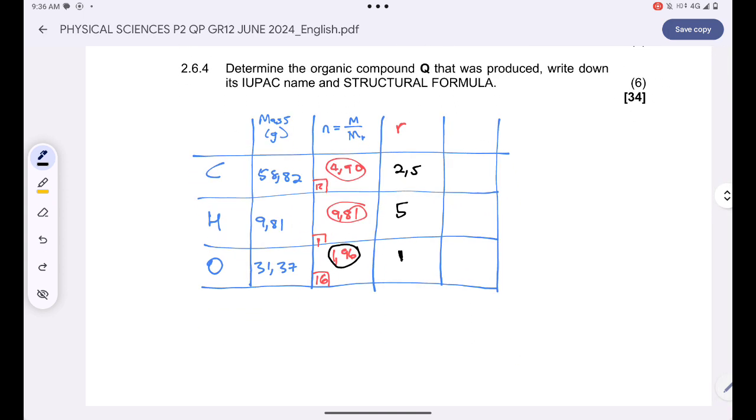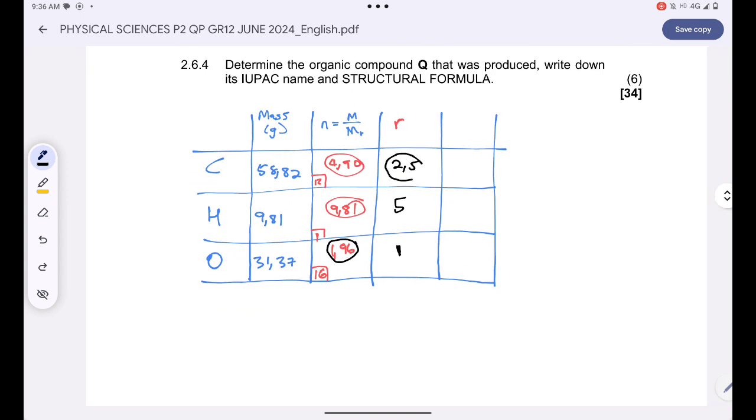Remember that these are supposed to be our subscripts. We're supposed to have C2.5 H5 O1.